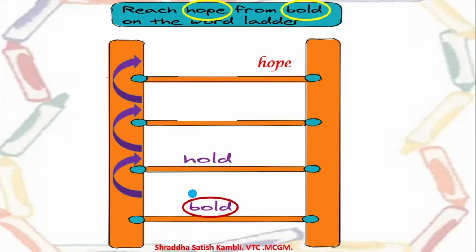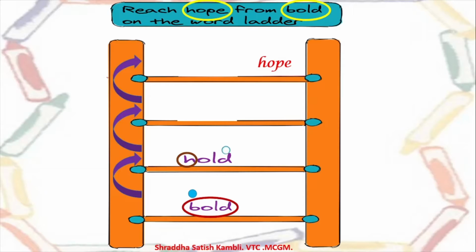So let's go ahead and let's see what we have done. B-O-L-D has become H-O-L-D. So we have replaced the B with the H. Now we will have to make a change to one more letter. So come on, let's observe and let's decide which letter we can change.